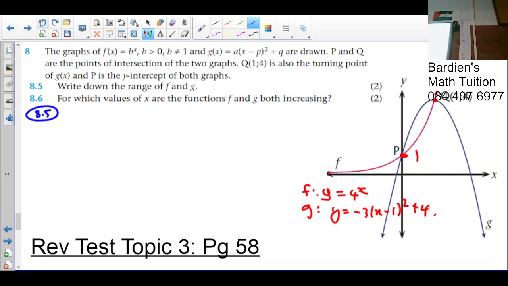No. Where does the graph start existing? At 0 onwards, not so? So the range of f is y is greater than 0. The range of g. Looking at g, does g of x exist at negative infinity?